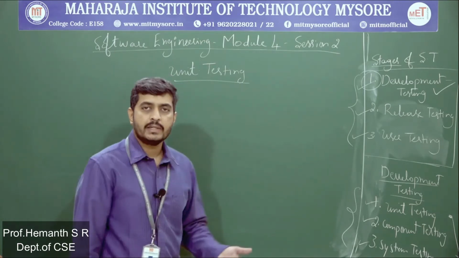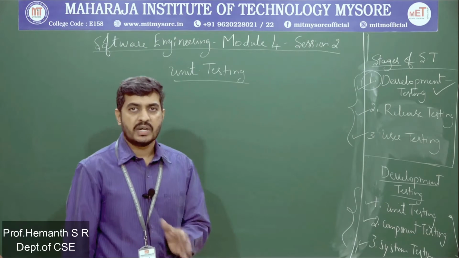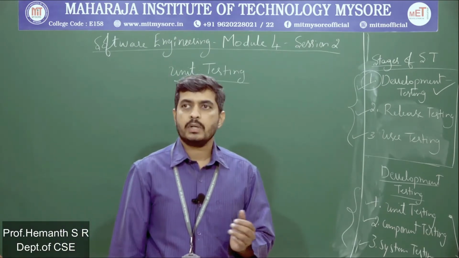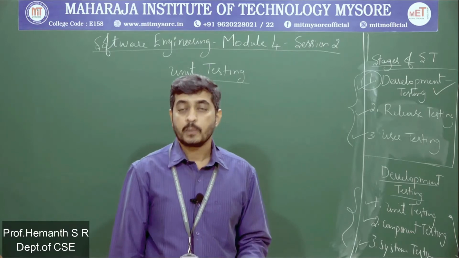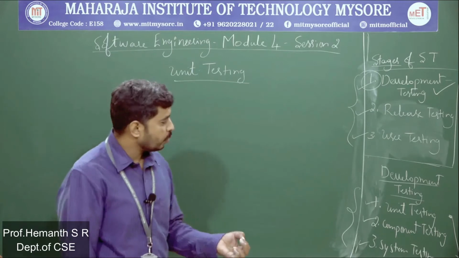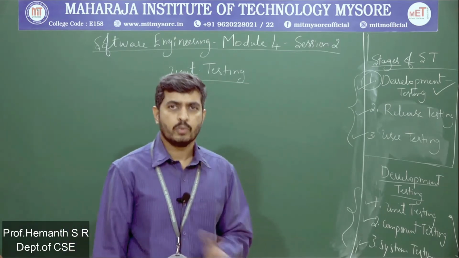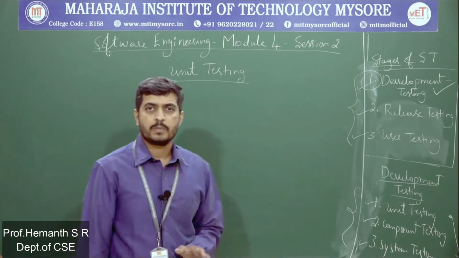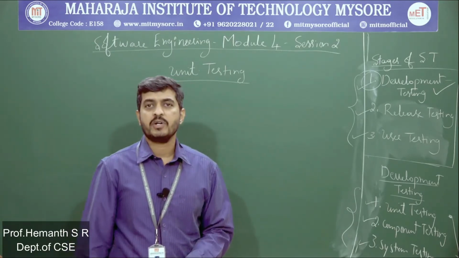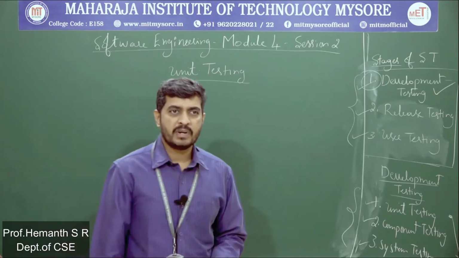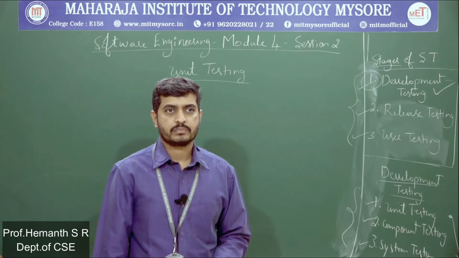Unit testing may be done by the programmer who is writing the code. It may be done by a tester with the programmer. It may be done by a separate team who is part of the coding team, involving themselves with respect to the product. These are the different possibilities with respect to unit testing.